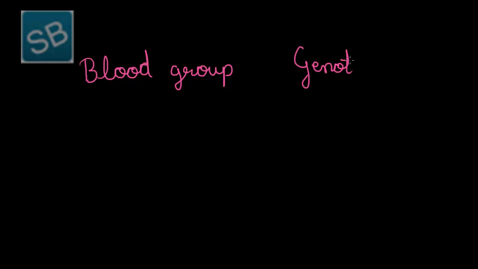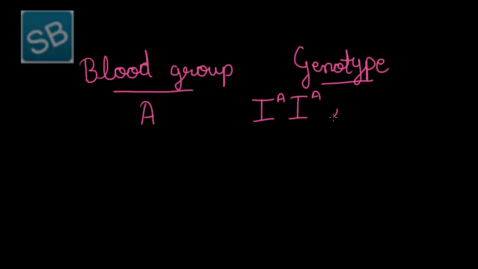In this manner, the blood group and the corresponding genotype can be obtained. Blood group A can possibly have genotype IA IA or IA i.